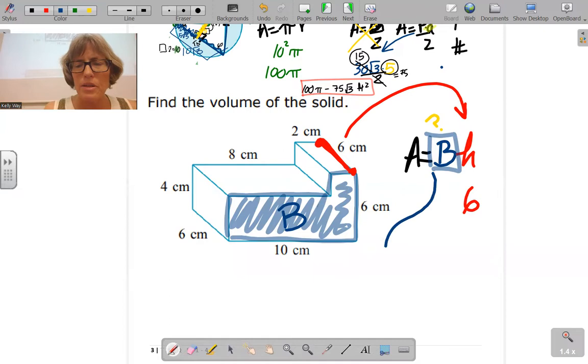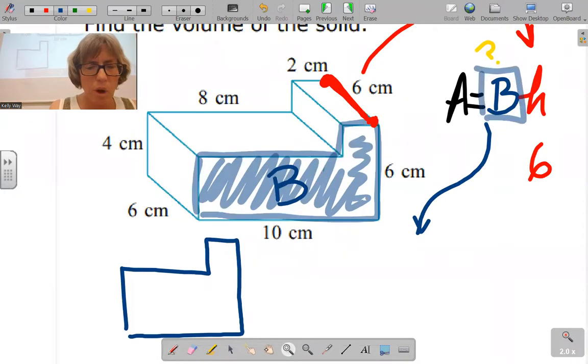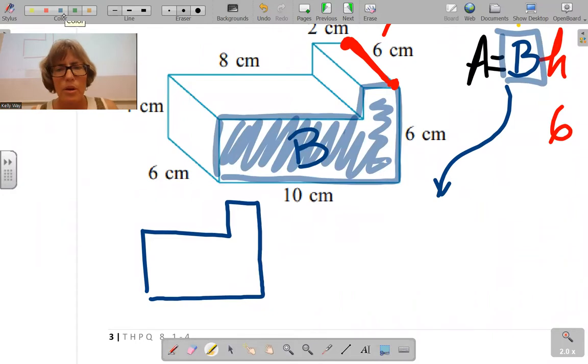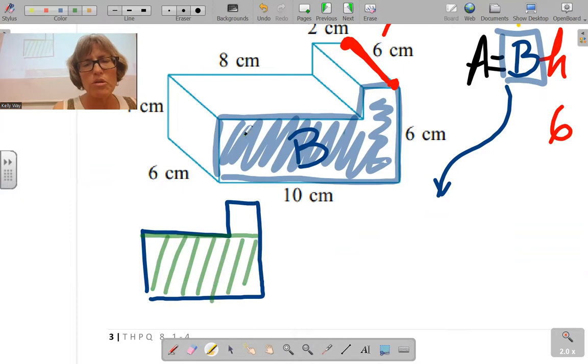And my base is this shape. So obviously, it's a composite shape. So we are going to break this base up. It doesn't matter how we break it up. I'm going to break it up. Let's see, I'm going to go horizontally. So I'm going to do this green, break it up this way, and then I'm going to do yellow here.